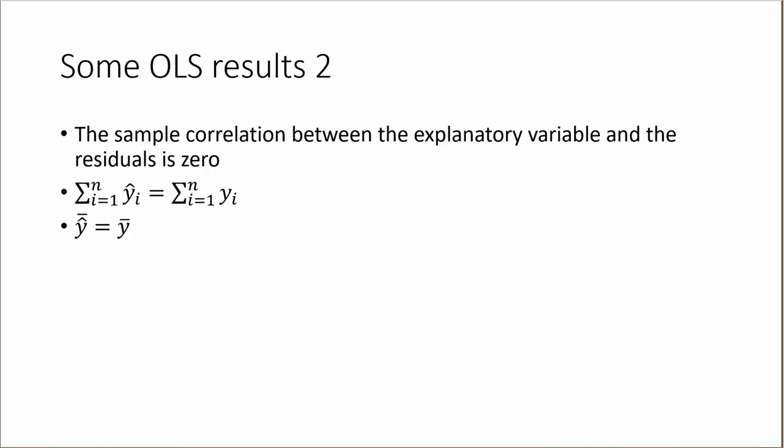Alright, we actually have more. The next result that we have is the following. If you sum the product of fitted values and residuals, you will get 0 as well. Let's check first of all that this is true.